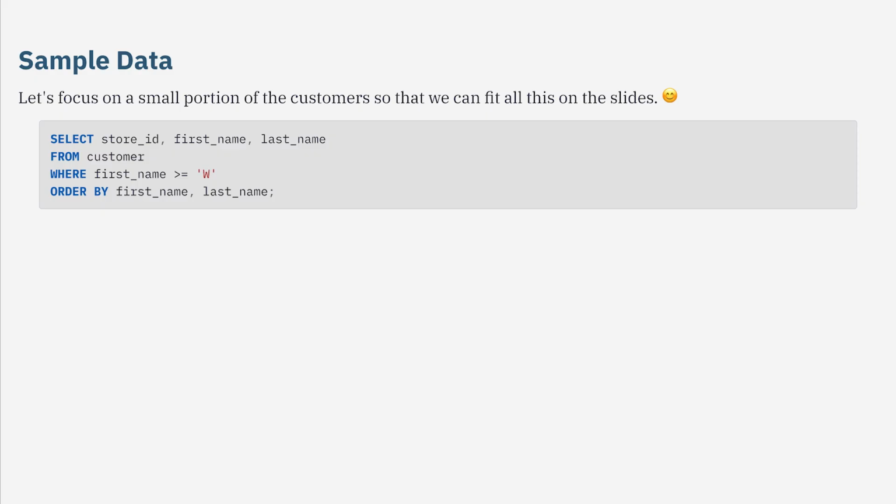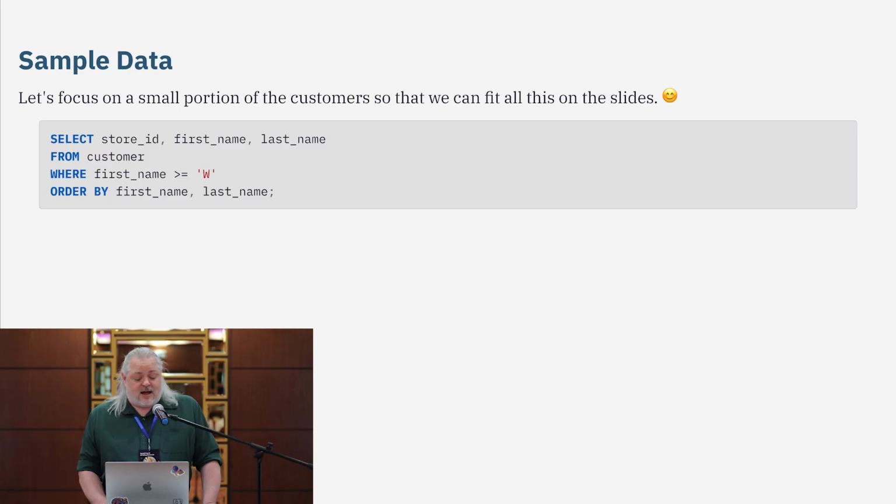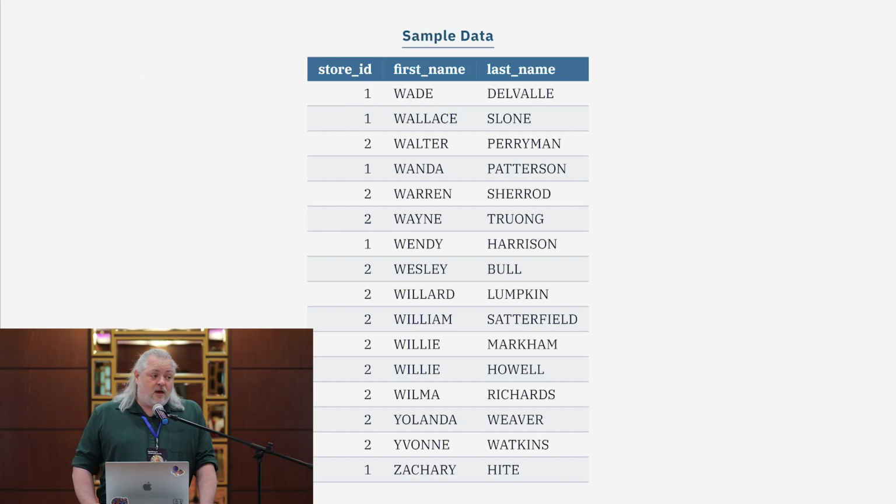First, we're going to see a portion of the customers so that it fits on the screen. Here I'm selecting the store ID, first name, last name of the customers whose name starts with W or higher, ordered by first name and last name. And that looks like this. No big surprise here. This is just the people whose first name starts with W or higher in the Latin alphabet.